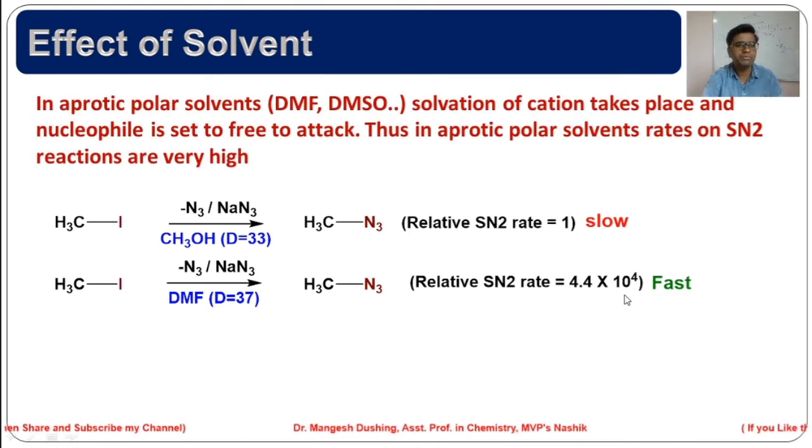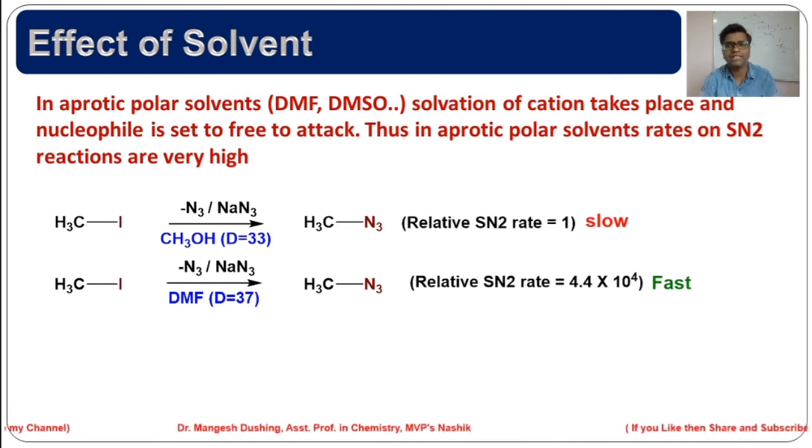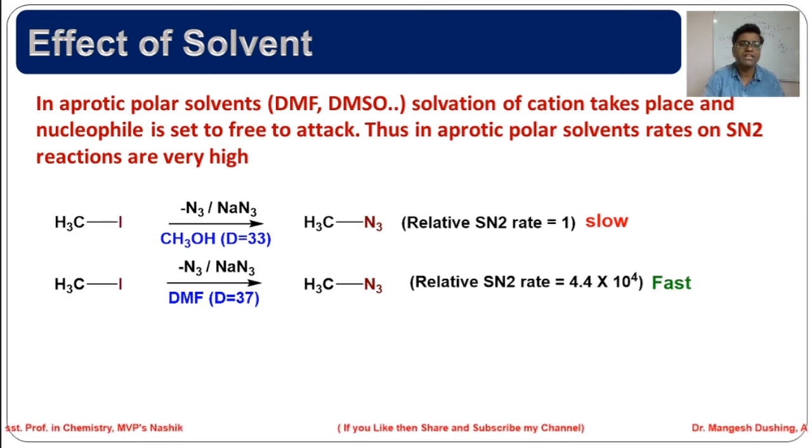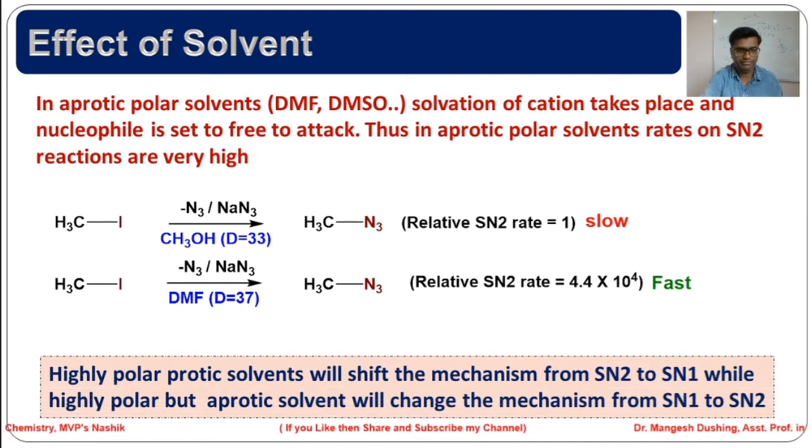So, in aprotic polar solvents like DMF, DMSO, the solvation of the cation takes place and the nucleophile is set free for the attack. Thus, in aprotic polar solvents, the rate of SN2 reactions is very high.